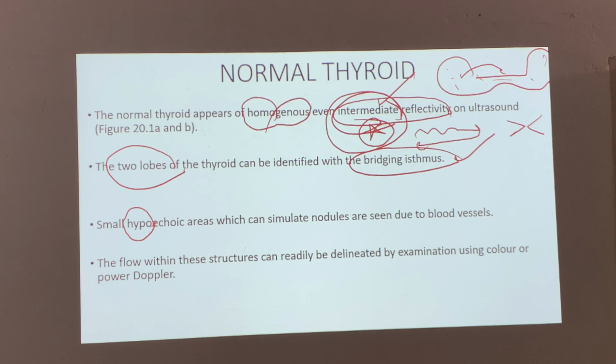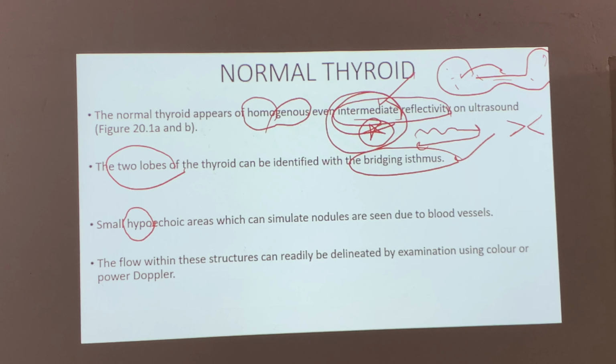So if blood vessels are there, then we have to go for examination with a color Doppler or power Doppler. Wherever the blood flow is there, the concept of radiology is that we have to go for a Doppler. This point everybody knows. So Doppler has to be done. When you see more blood vessels, you have to see this with the Doppler. That is one concept which is framed in our mind right now.